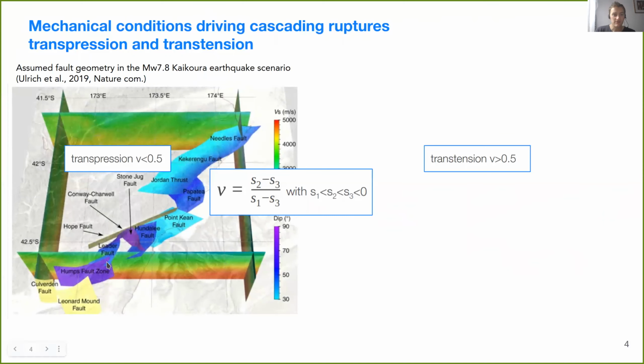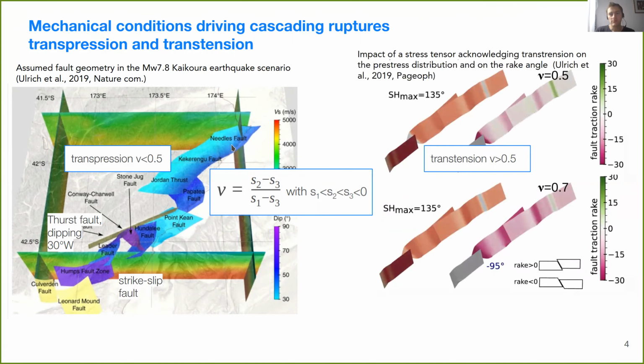In the case of the Kaikoura earthquake, the stress field was transpressional, and this allowed resolving sufficient stress on strike-slip faults and also on low-dipping thrust faults. And this led to a complex rupture path along faults of varying orientation. During the Palu earthquake, we have a stress field that is transtensional, and this allowed rupture to cascade along strike-slip faults, but also on normal faults.